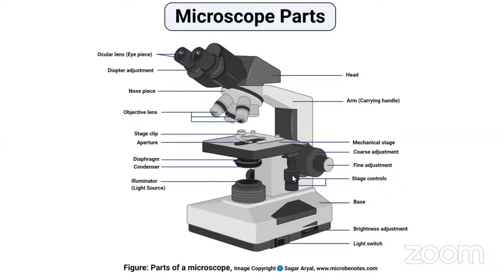The same thing can also be done by the stage control, which you can move up and down, and also sideways. So these were the parts of the microscope, and then you saw in the video how to use the microscope.